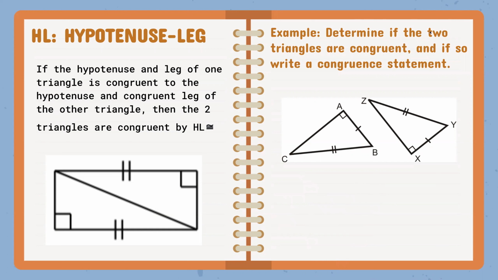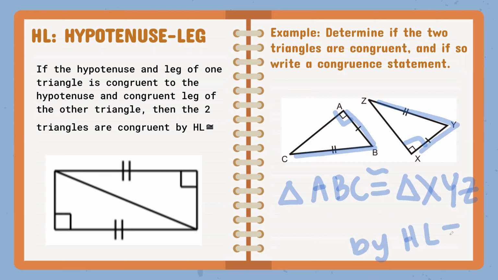So looking at this, we have the hypotenuse, one other leg, and it is a 90-degree angle. So this triangle ABC is congruent to triangle XYZ, it looks like, okay, by hypotenuse leg.